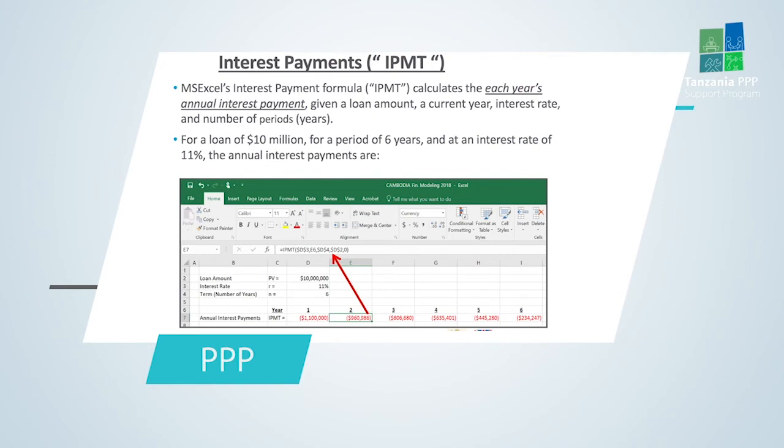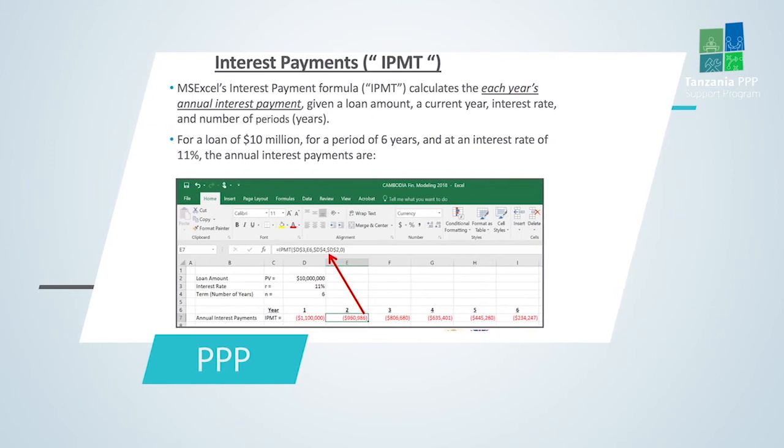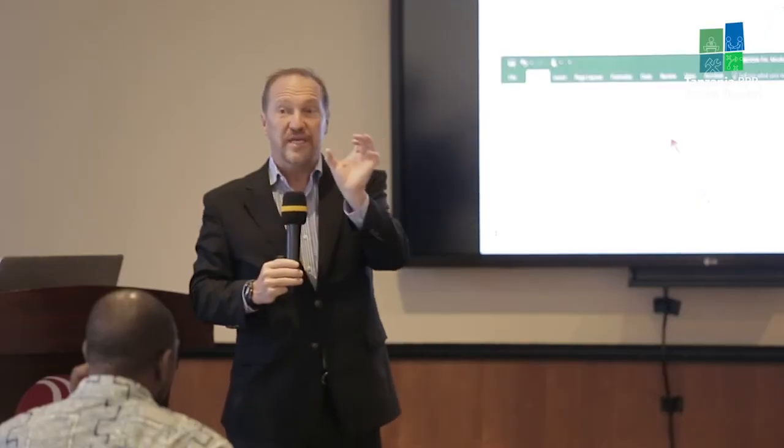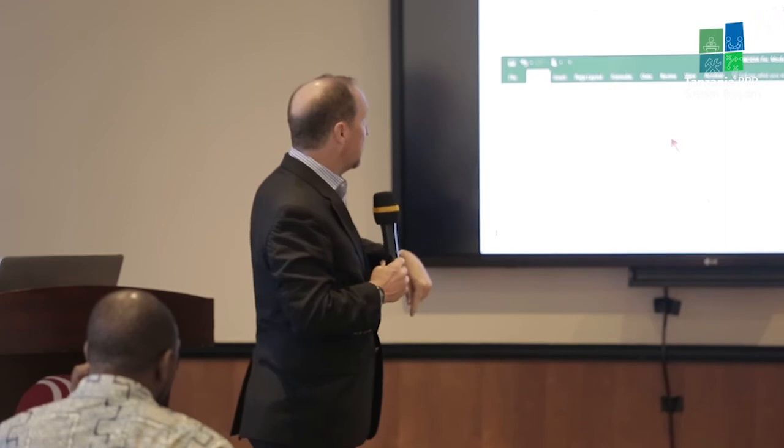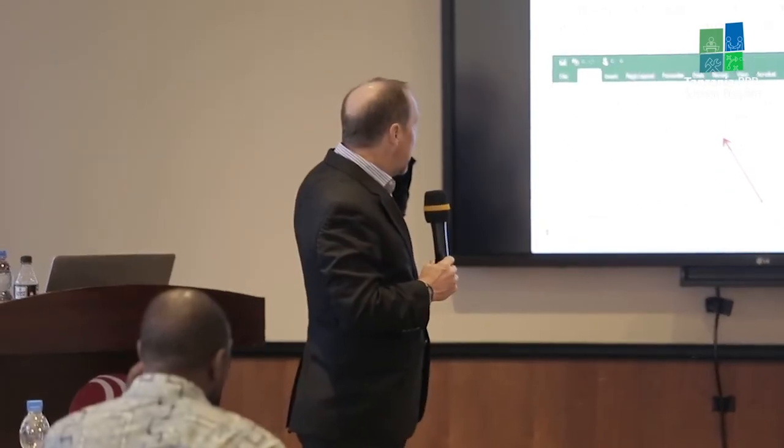Now we're going to add a little bit of complexity here, which is to calculate the interest payment. Is the interest payment the same for every year of the life of a loan? The current year, you have to specify what the current year is, the interest rate and the number of periods. So for example, here I've got a loan, and do take note, I took the time to label this.